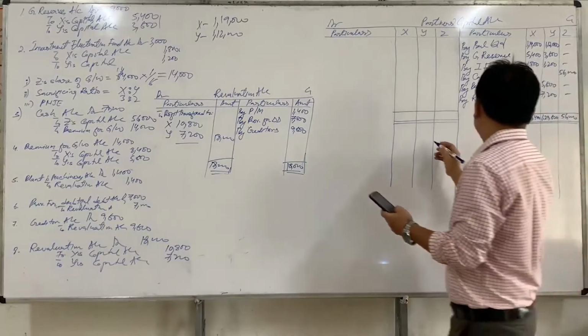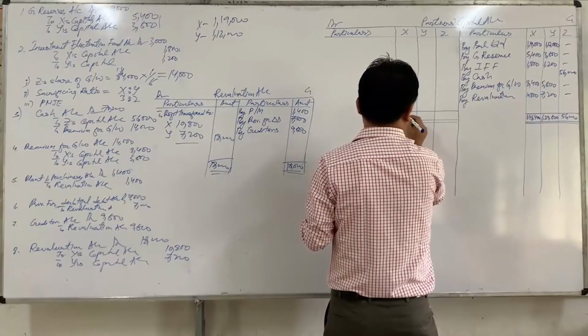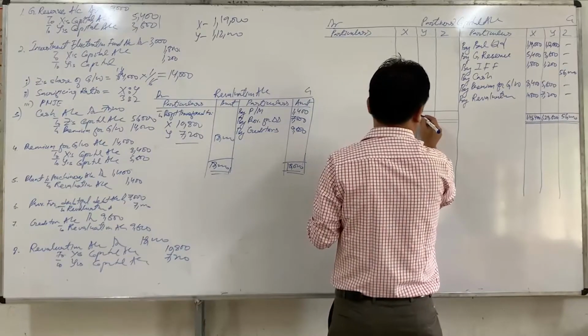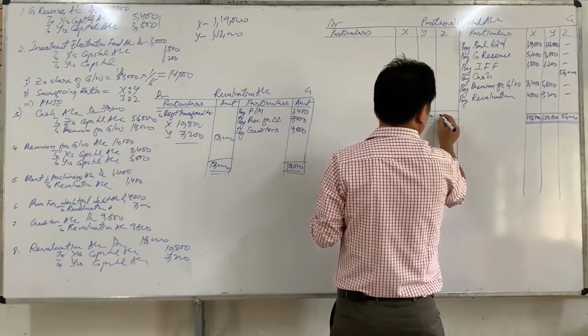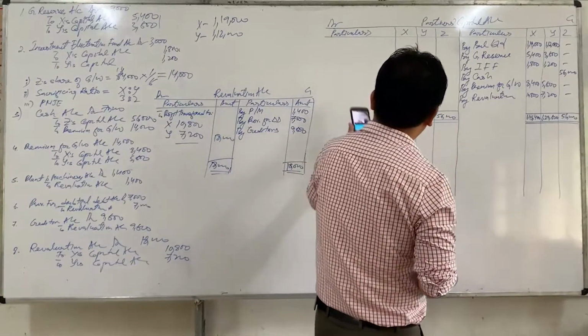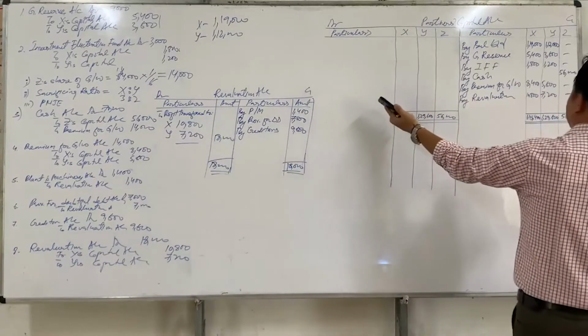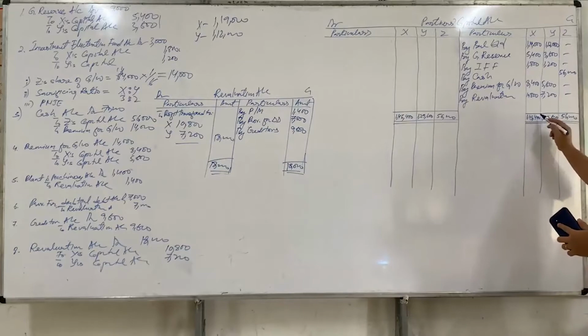The same amount should be written here: 1,45,400, here 1,29,600, and here 56,000. The difference between the debit side and credit side of partners capital account will be the same amount.